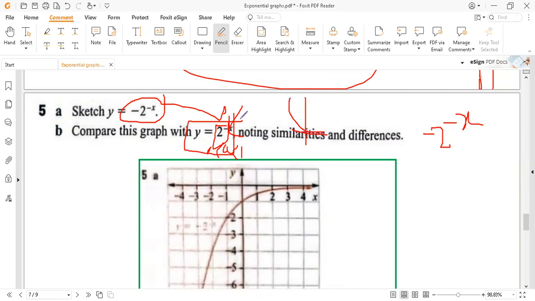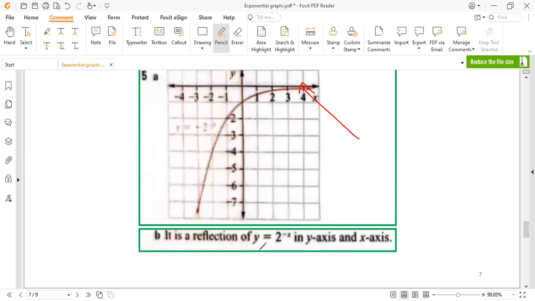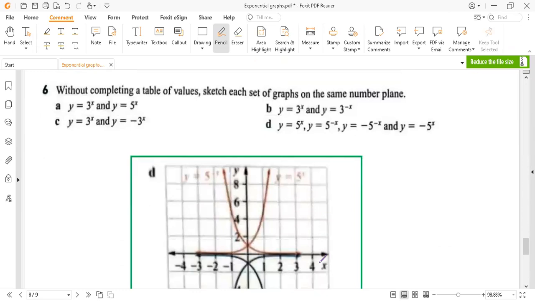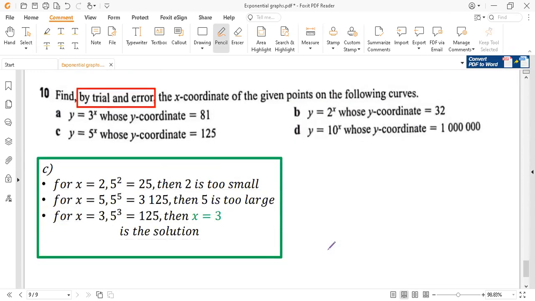And when we have minus 2 power minus x, it is a reflection with respect to the x-axis. We reflect each point to obtain the reflection, which is this red curve. It is a reflection of y equal to 2 power minus x in the x-axis. So it is easy.